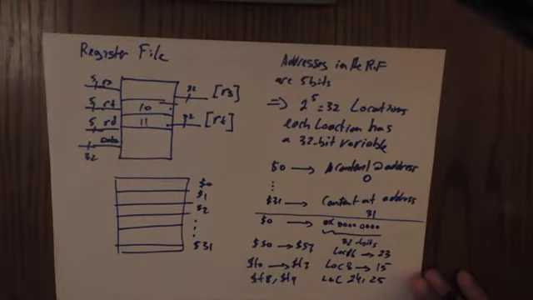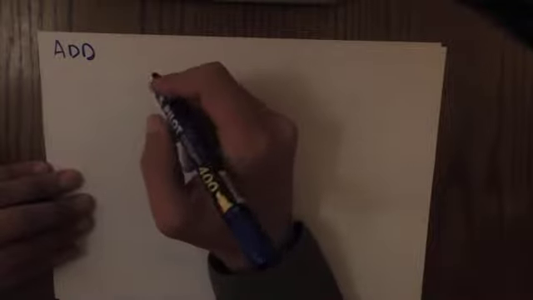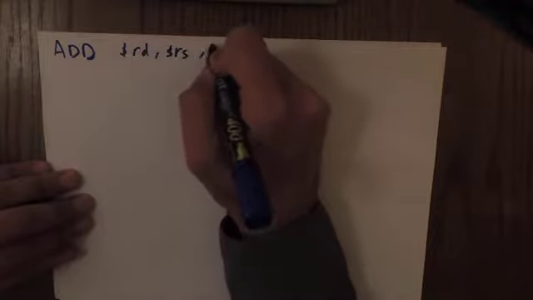We're going to start with instructions. The first instruction for our MIPS processor is called add. So add takes three operands: $RD, $RS, $RT.